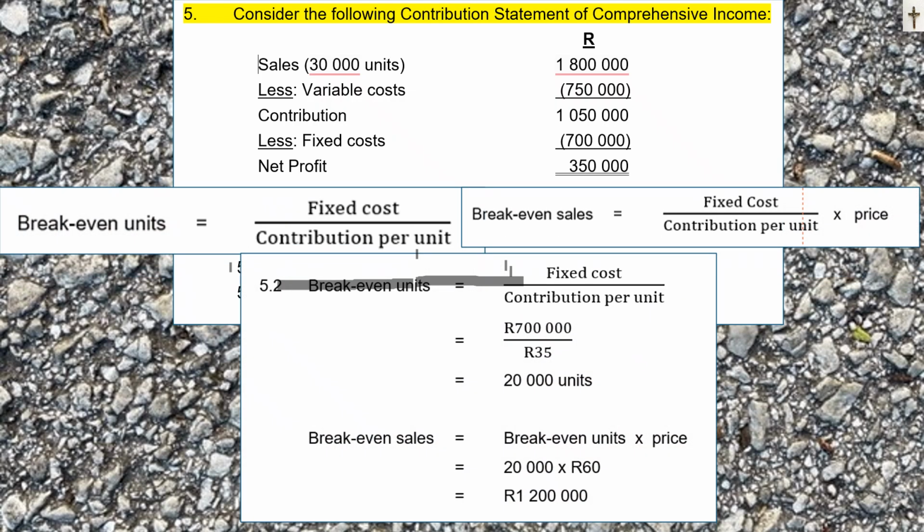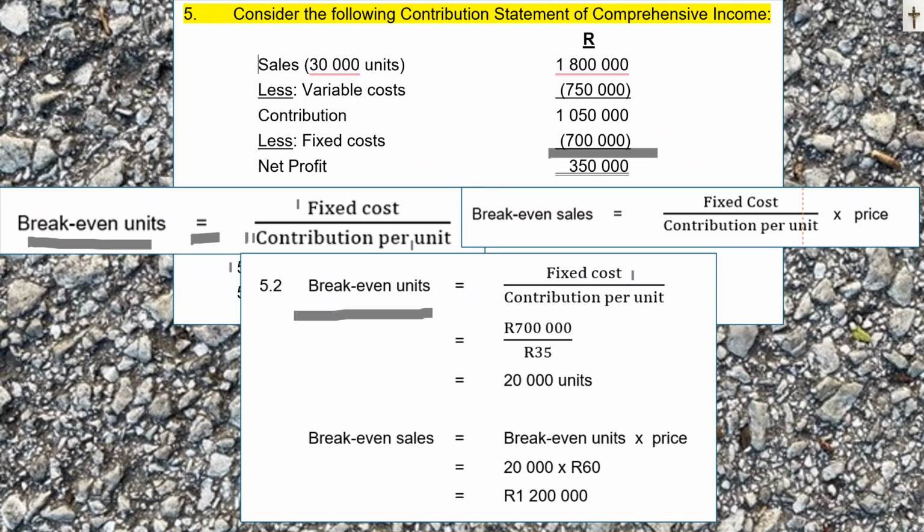And if we look at the formulas, we're given these formulas. Break even units is equal to the fixed cost divided by the contribution per unit. So break even units is equal to the fixed cost, which is 700,000, divided by the contribution per unit.